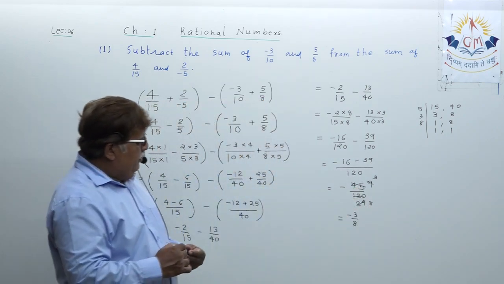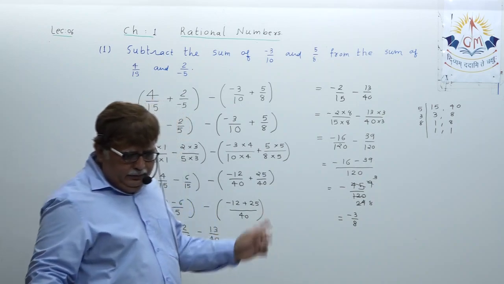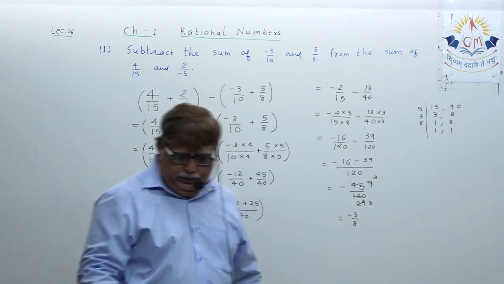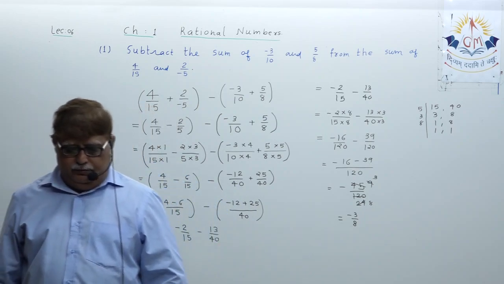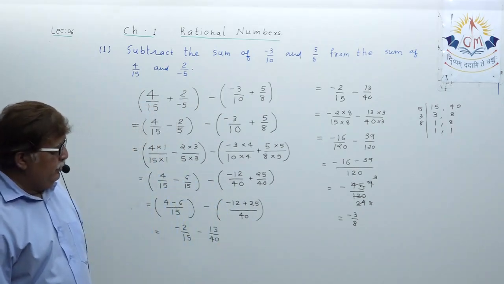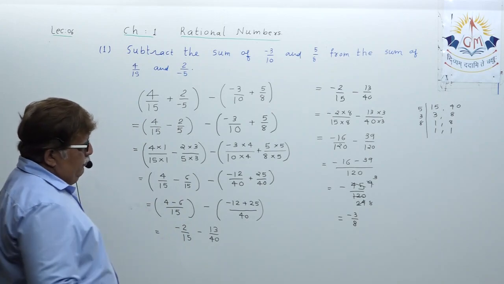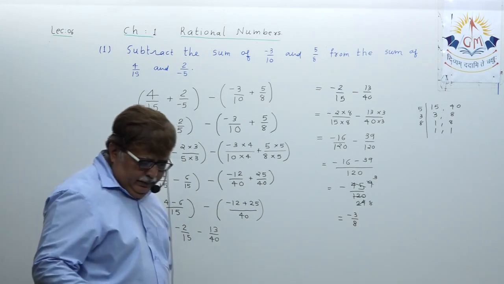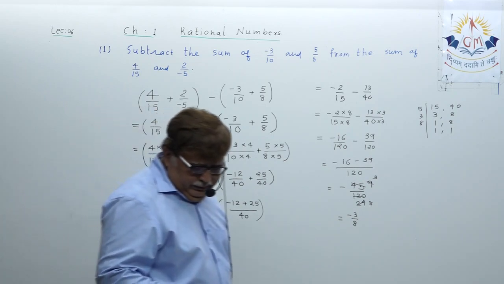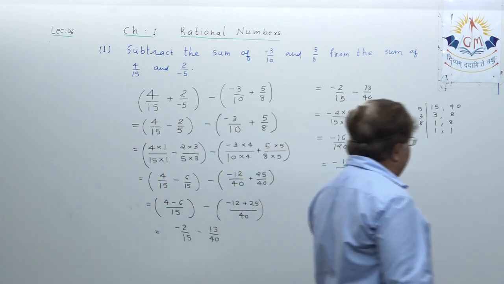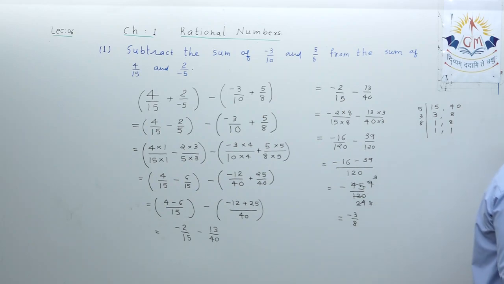3 upon 8. Now, dear student, please verify the sum properly. Please check this. Understand? Verify the sum properly. Then we can go for solving some other example of the same type.